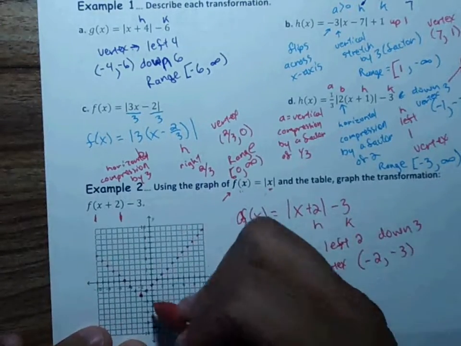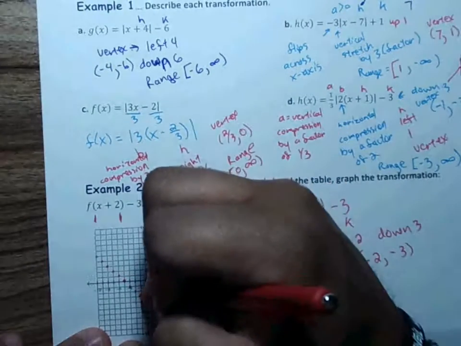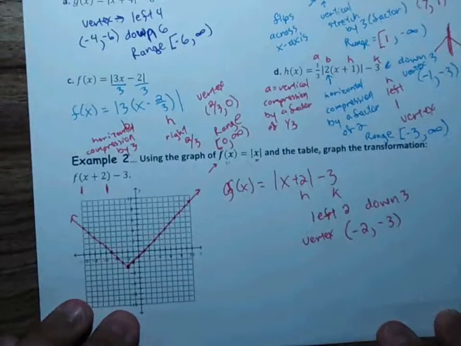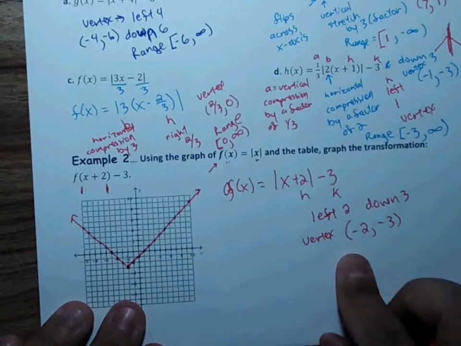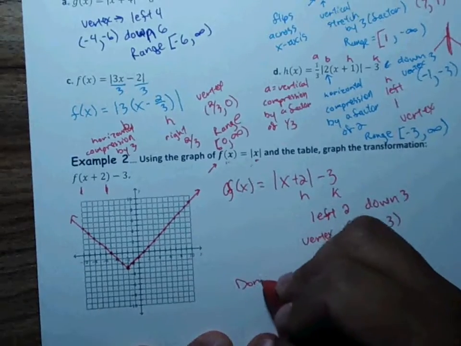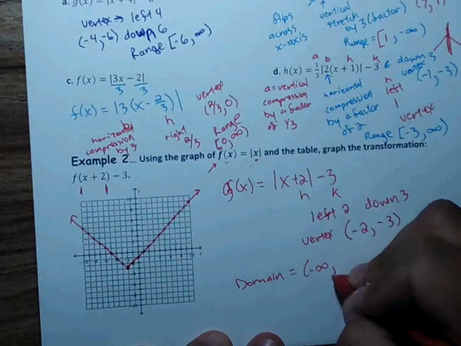And if we use a straight edge, it'll look like this. I actually think I did a better job without using a straight edge, so I'll keep that in mind for future videos. So if our vertex is -2, -3, our domain is still the same, which is -infinity to +infinity.